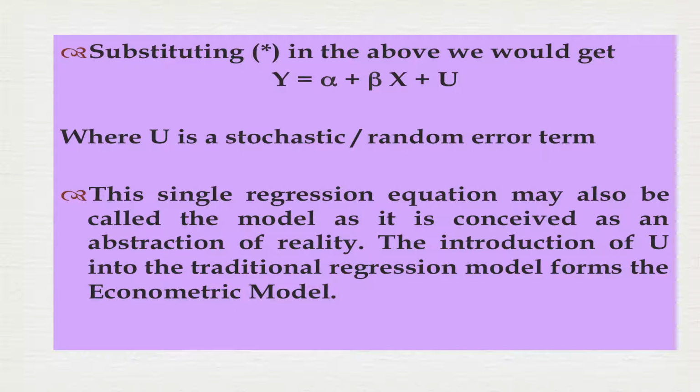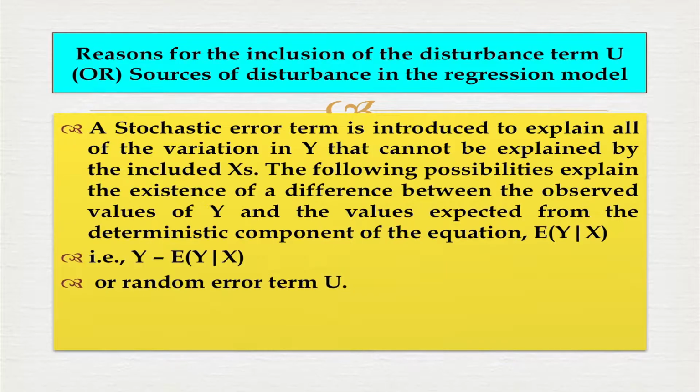The introduction of u into the traditional regression model is called the econometric model. Let us see the reason for the inclusion of the disturbance term u, or otherwise the sources of disturbance in the regression model. A stochastic error term is introduced to explain all the variations in y that cannot be explained by the included x's.